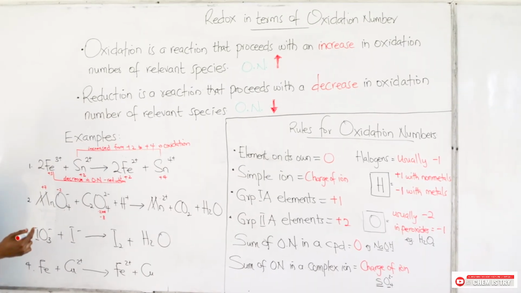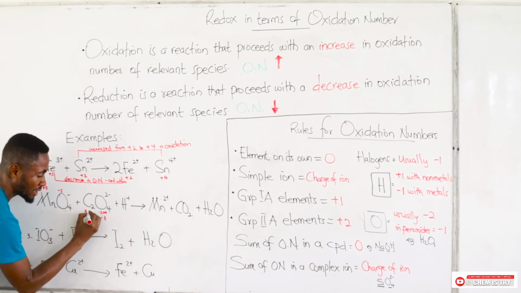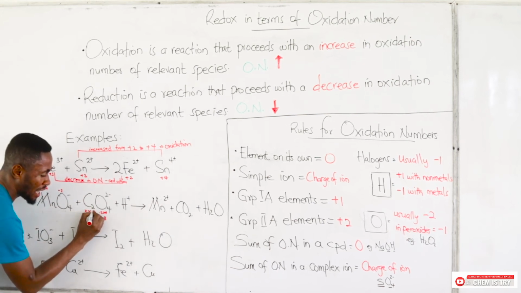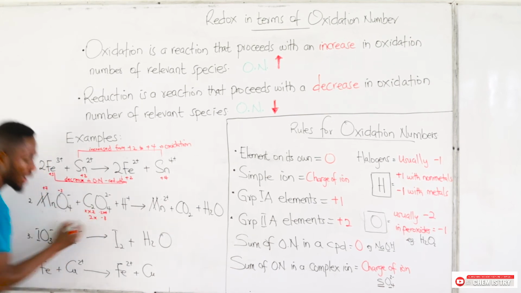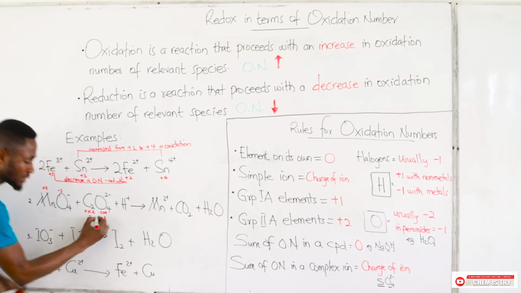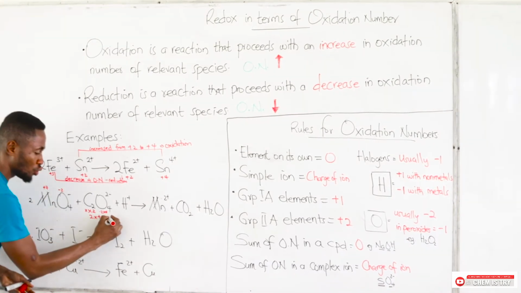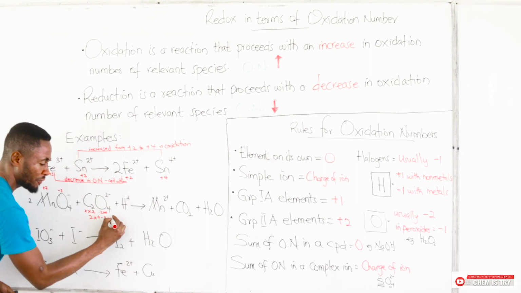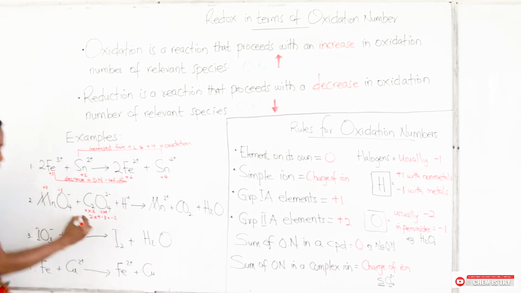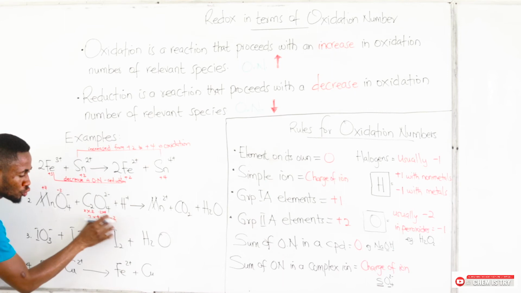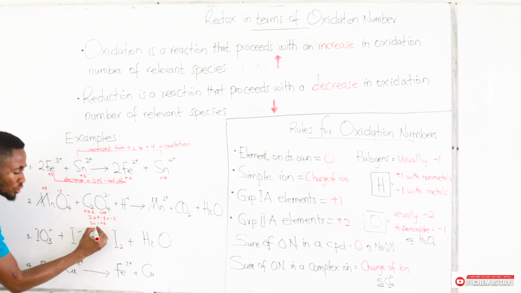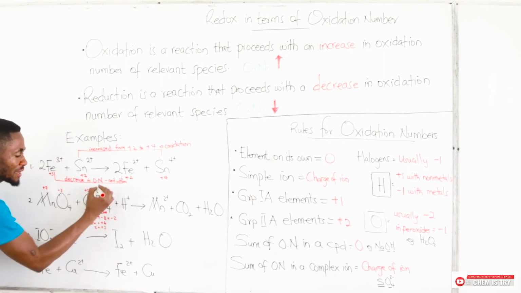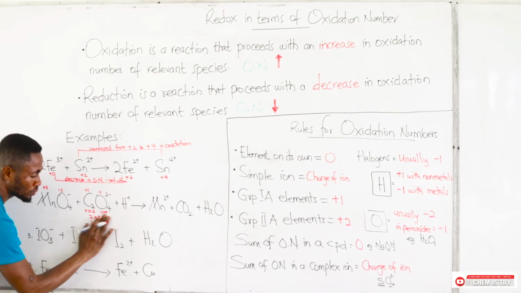We don't know the oxidation number for carbon, so we represent it with X. But how many carbon atoms do we have there? We have 2. So it becomes X times 2, that will give us 2X. So the 2X plus the -8 should give us the total charge carried by this whole complex ion, which is -2. Now we have 2X is equal to -2 plus 8, which will give us +6. So our X will be equal to +3. So the charge for carbon is +3, and that for oxygen is -2.